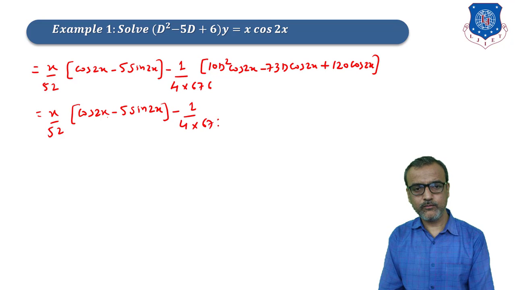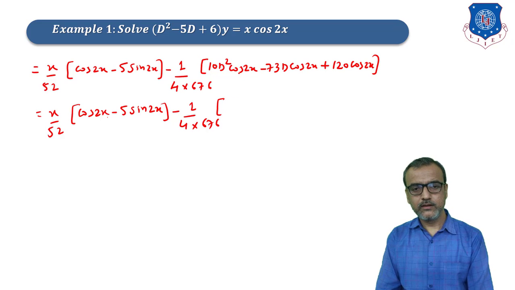Now we have to find out the double derivative of cos 2x. The derivative of cos 2x is minus 2 sin 2x, and again the derivative of minus 2 sin 2x, that is minus 4 cos 2x. If you multiply minus 4 by 10, you will get minus 40 cos 2x.